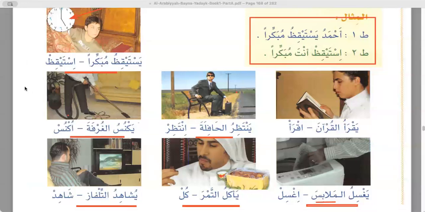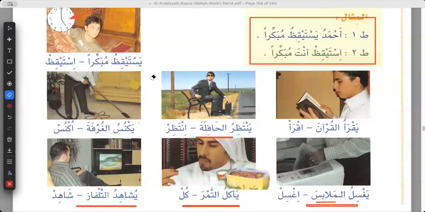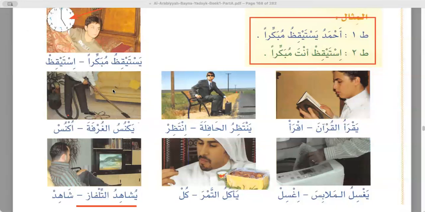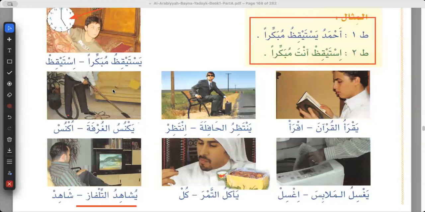That network is bad. Let me ask another person to try that. Ahmad yushahidu at-tilfaz. Naam. Then what of the command form? Shahid. Hello. I want to hear that. Are you there?